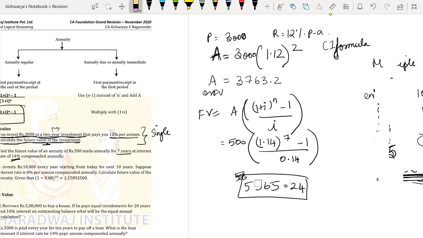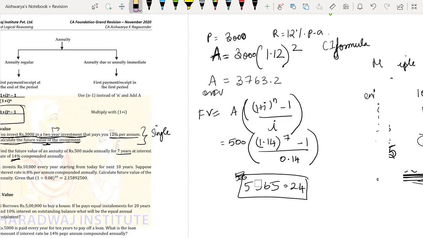Right. What is your question? Yeah, yeah, it is coming in the bracket, no? Where is it written differently?